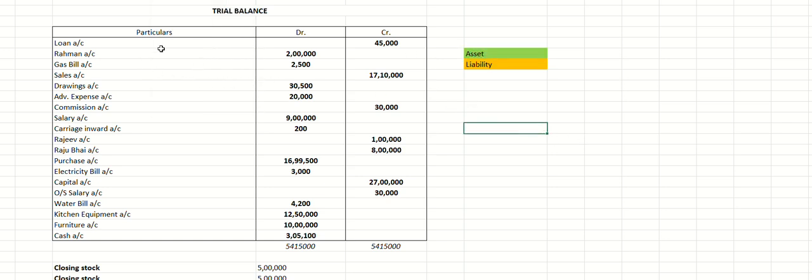So now let's see. The very first thing is the loan account. Is loan an asset or a liability? Don't try to memorize by heart, try to understand the logic. Just think, is loan an asset or liability of the business? We know very well when we have taken a loan, we have to repay it, isn't it? So loan is of course a liability.